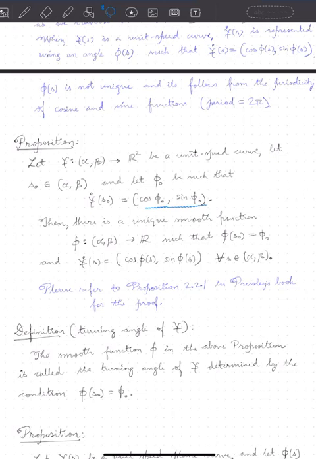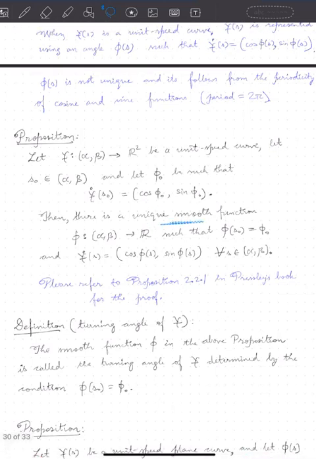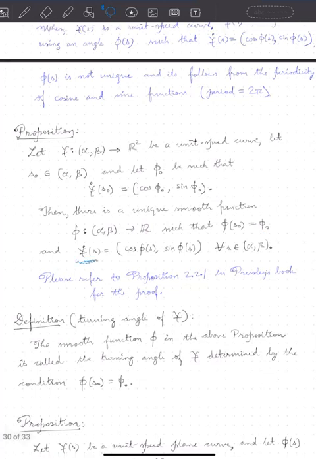This is just the tangent vector at the originating point for some curve which we are defining over an interval alpha to beta. Then there is a unique smooth function phi, which maps from alpha beta to R, such that phi of s naught is equal to phi naught.